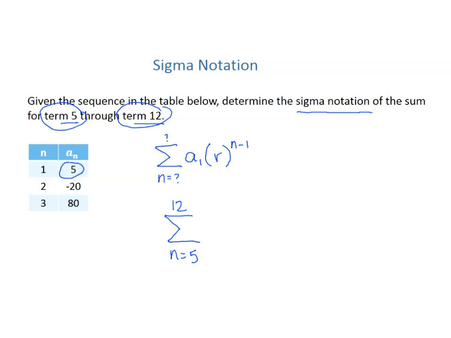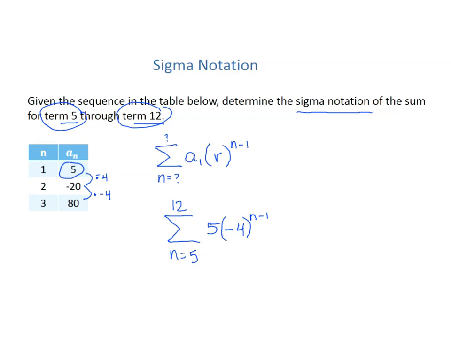Our first term is 5. And our common ratio, what do I multiply by each time to move from term to term, is, oh, I forgot my negative, is -4. So my common ratio is -4. And then I have n minus 1 as my exponent. And that's all I have to do for this one.